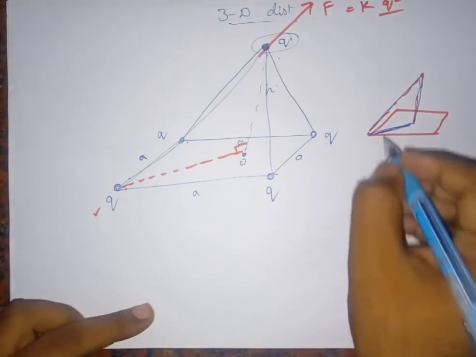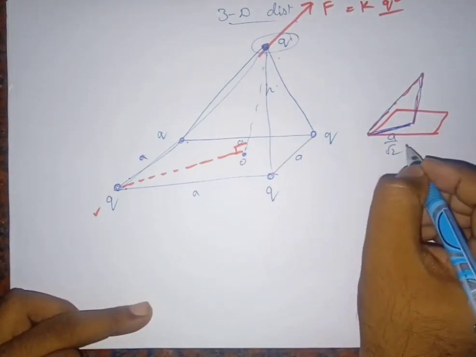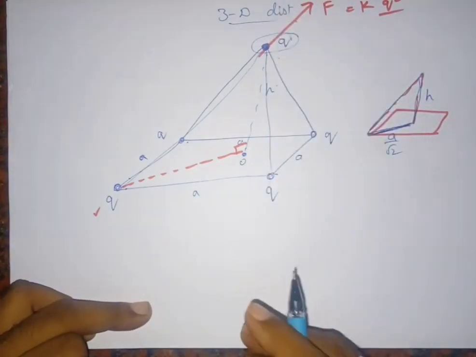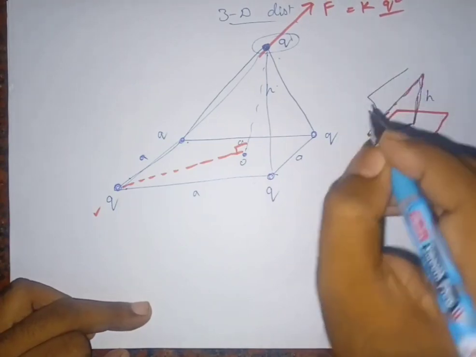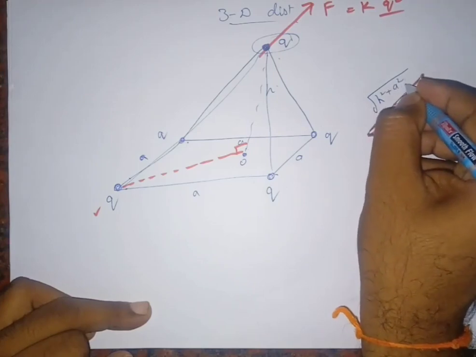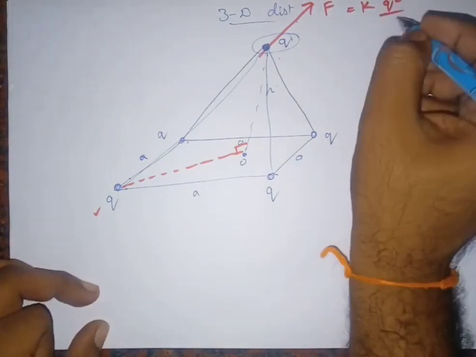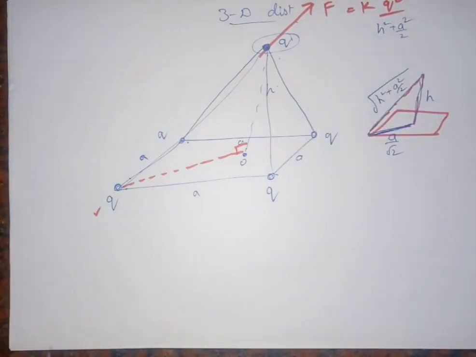So we all know this distance is nothing but half of the diagonal, which is a by root 2. This is the height of the pyramid, h. Then according to the Pythagoras theorem, this is going to be root over h square plus a square by 2. So the same thing we carry here, which is h square plus a square by 2.